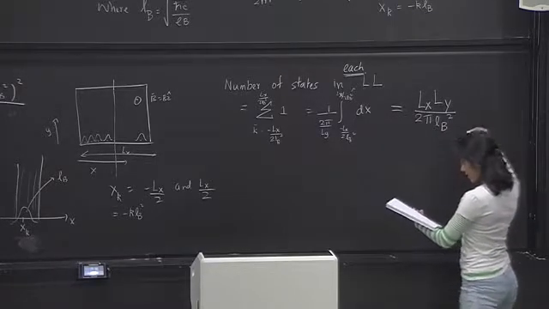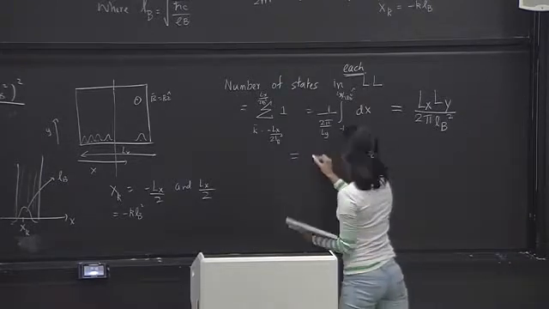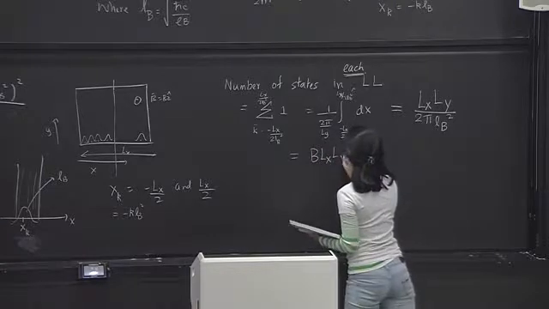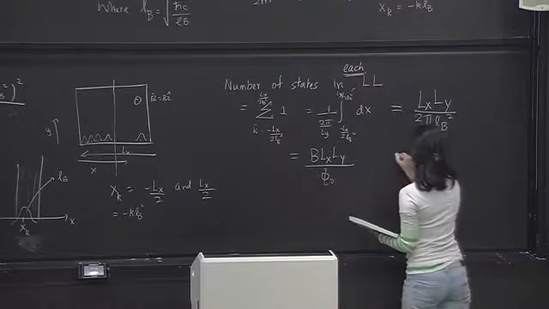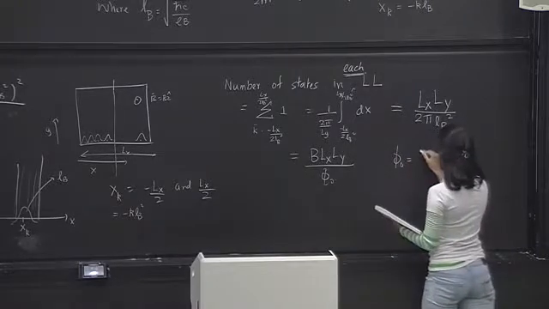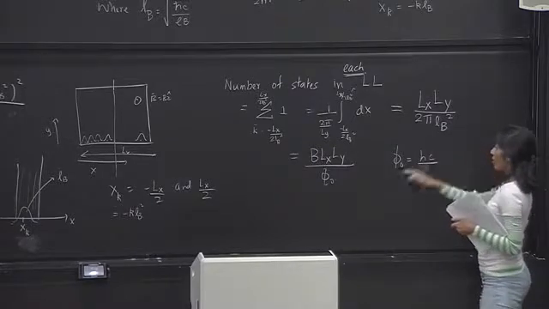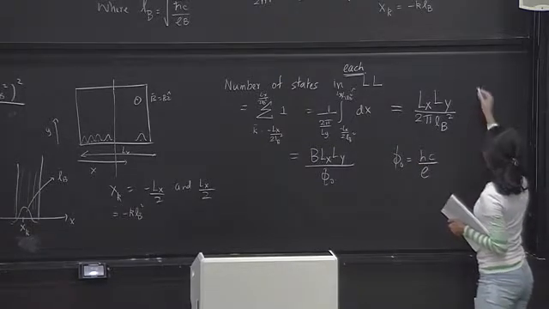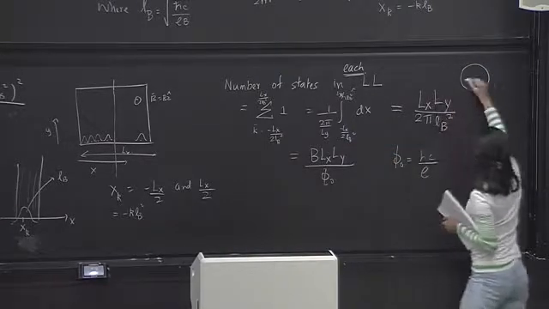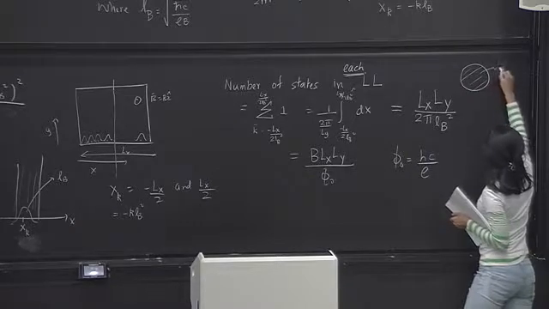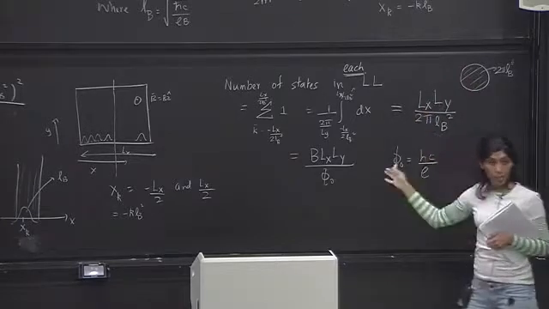I can rewrite this as actually B times Lx Ly over phi 0, where phi 0 is defined to be the flux quantum, hc over e, and has a physical meaning as the flux enclosed within, if you drew a circle of, roughly speaking, having the area of 2 pi l_B squared, okay, which, remember, l_B is the magnetic length.